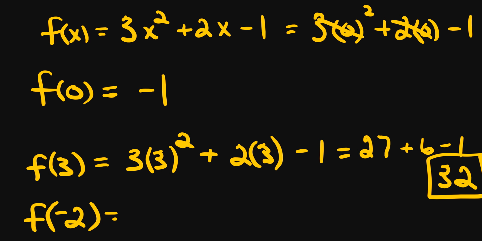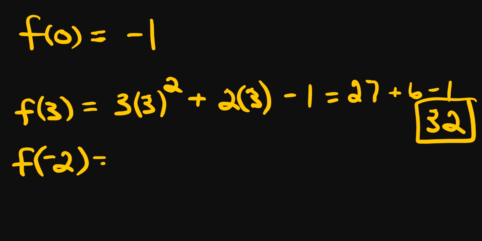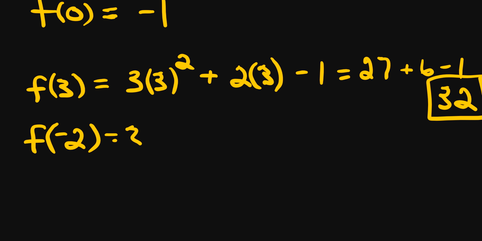And the last one, f of negative 2. So, oh, we've got negative. So that's why I always put these in parentheses, by the way. Really helpful. And it's not that inconvenient to do. So let's see, I've got, let's try that. So it's going to be 3 times negative 2 in parentheses, raised to the second power, plus 2 times negative 2, minus 1.